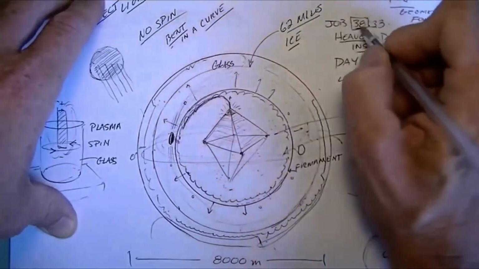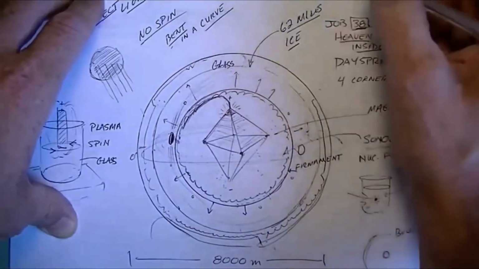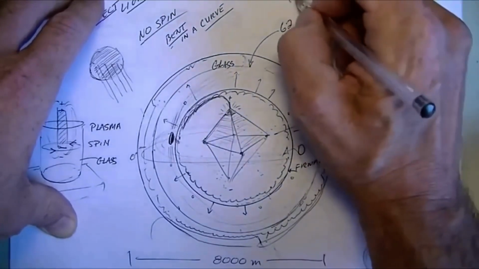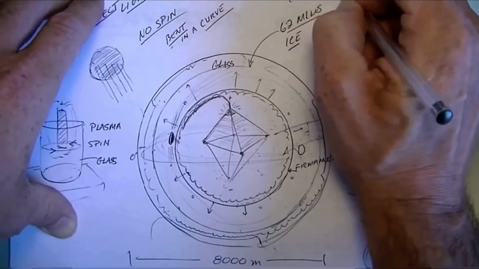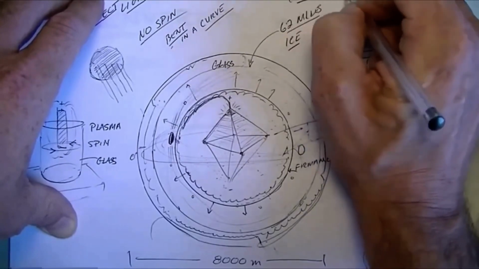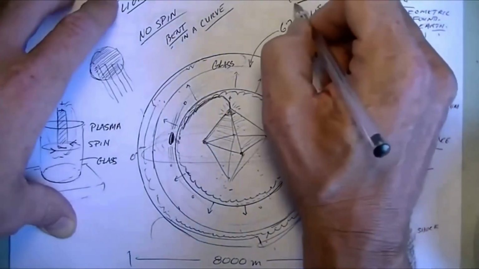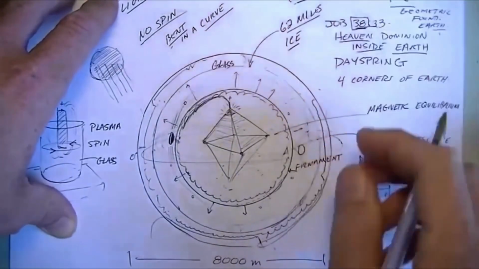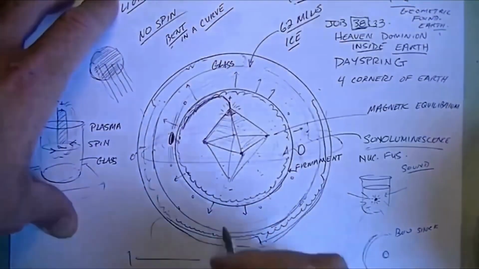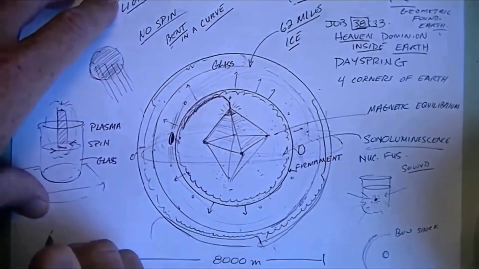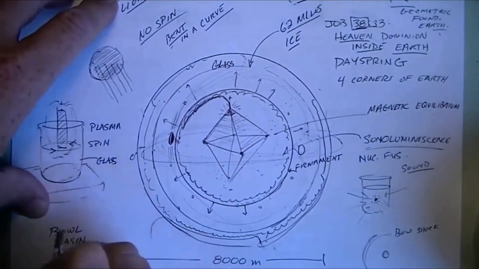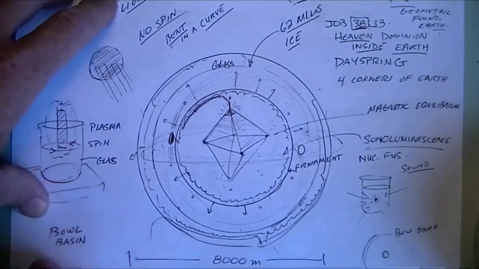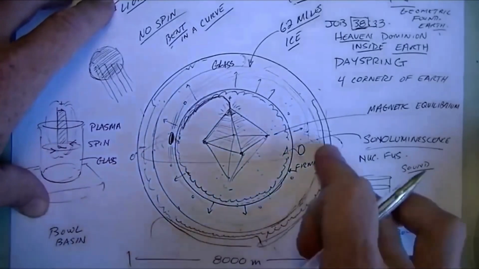Going back to Job 38, verse 22, verse 29, it's called the hoary frost of heaven. Now the word hoary frost in Hebrew actually connotes the image of a bowl or a basin. So basically you're thinking this hoary frost is attached to a bowl or basin-like structure, okay?